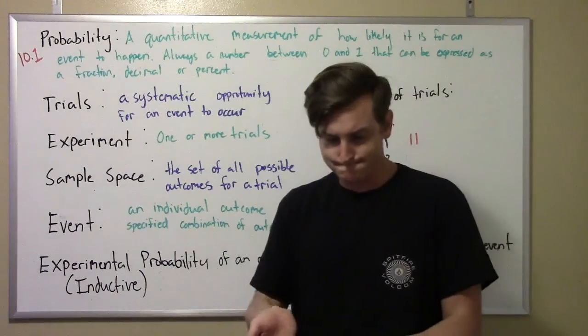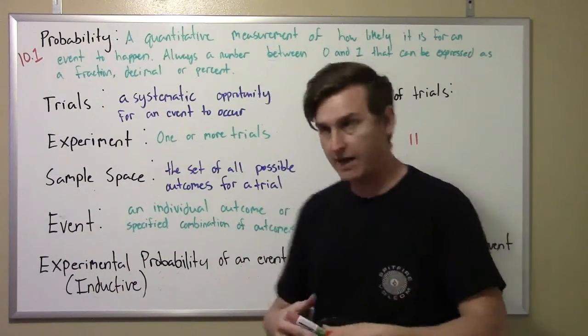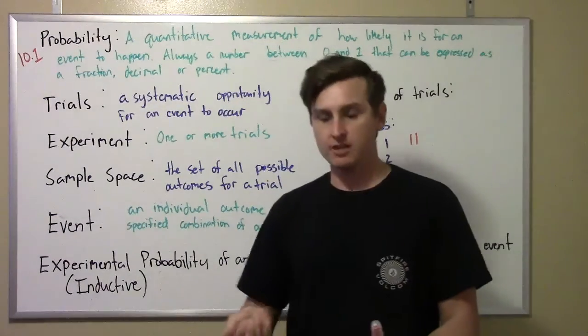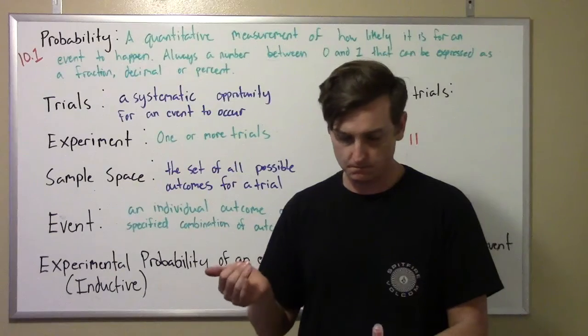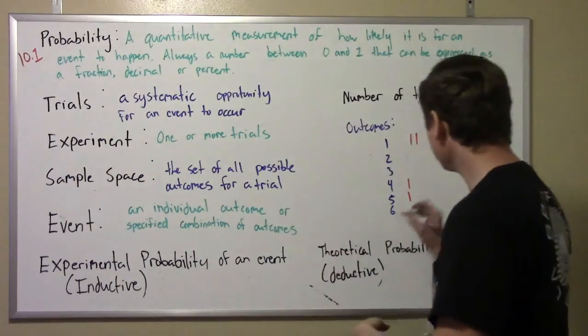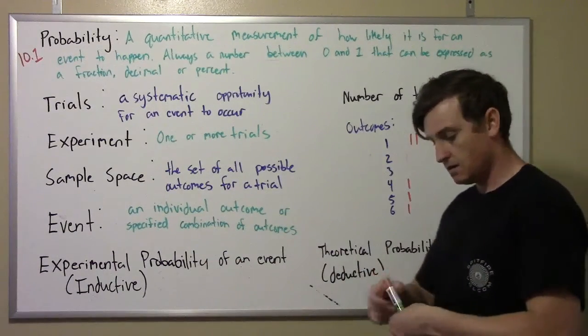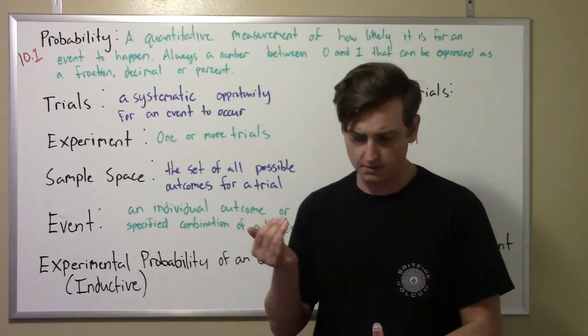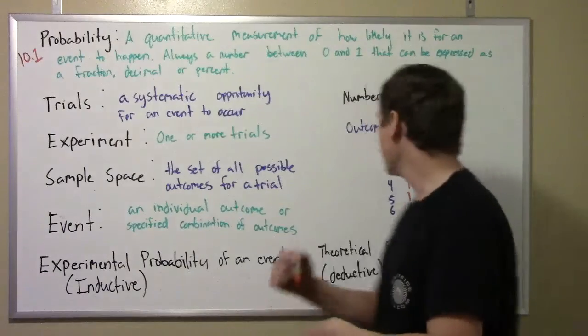Trial number 4, I got a 5. And trial number 5, I got a 6. Let's actually do one more so that we have an even number of trials. Trial number 6, I got a 4.